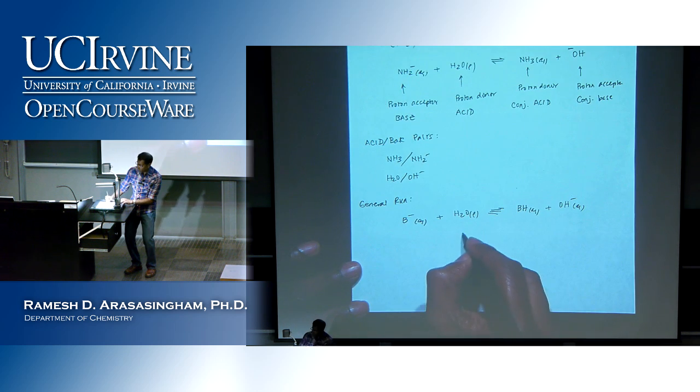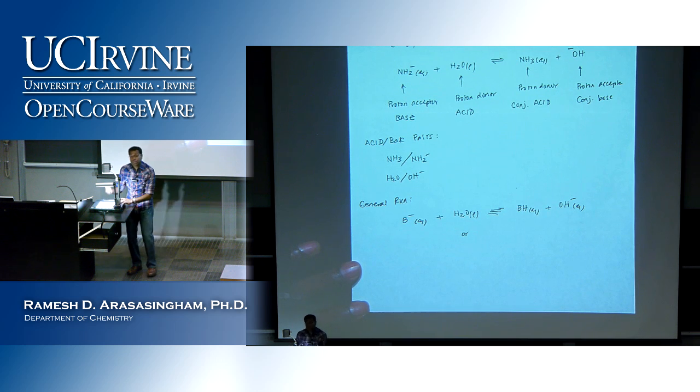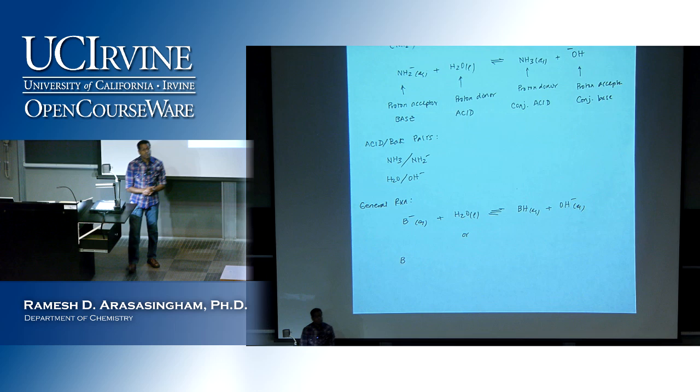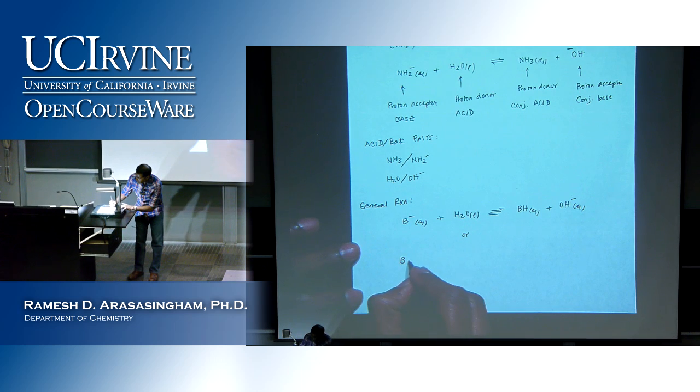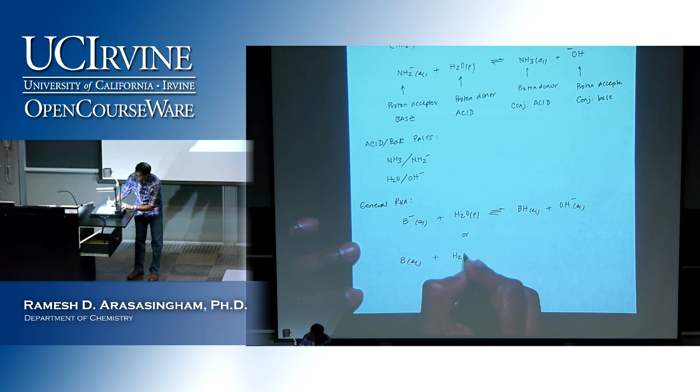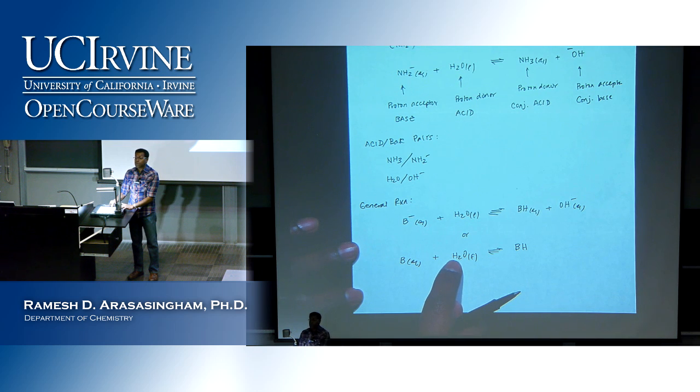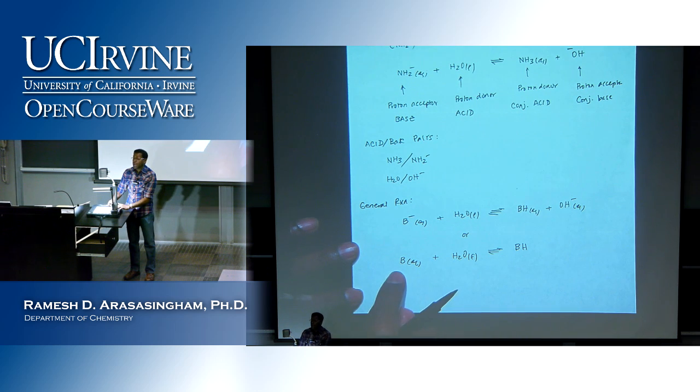Or if your base happens to be neutral, so let's say you start with a base that has no charge on it, then this plus water will give you BH. Now remember, water is a proton donor, so it's giving this an H plus.